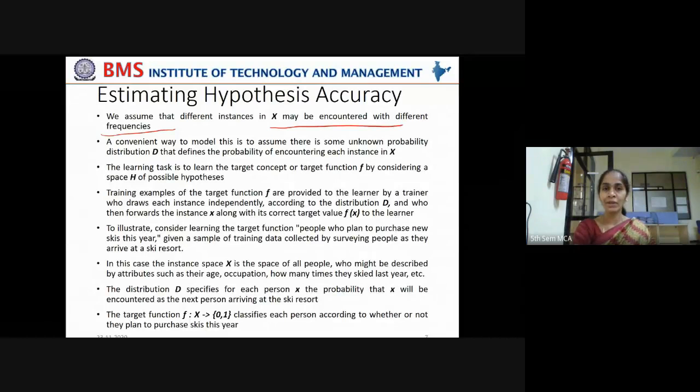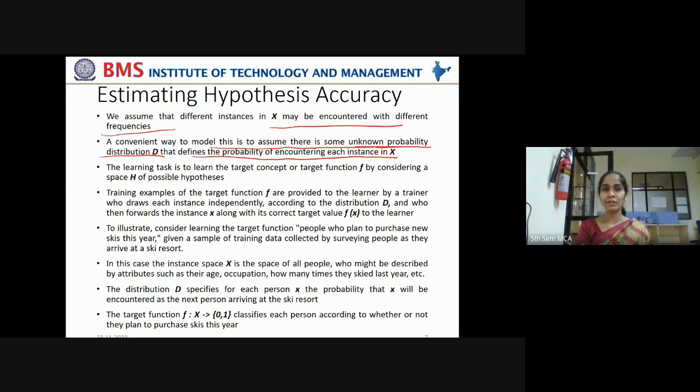A convenient way to model this is to assume that there is some unknown probability distribution D that defines the probability of encountering each instance in X. Now, how to tackle this problem? To start comfortably, let us assume that there is some probability, but it is unknown.